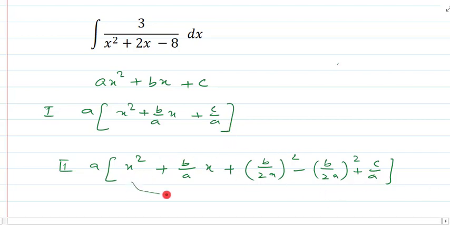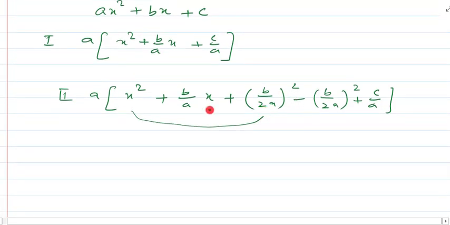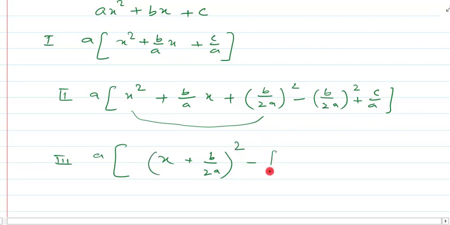These 3 terms will give you the identity of either a plus b whole square or a minus b whole square, depending on whether the sign of the coefficient of x is negative or positive. So the third step is to write the result as x plus or minus, whichever is the case, b upon 2a whole square, and now we are left with these two terms, which are minus b square upon 4a square plus c upon a.